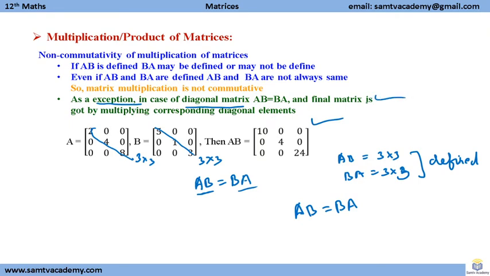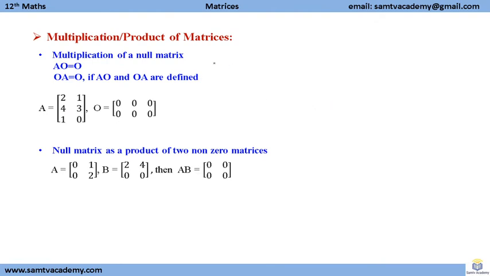Next is the matrix multiplication with a null matrix. If we multiply any matrix A with a null matrix, then it will also be a null matrix of the same order.